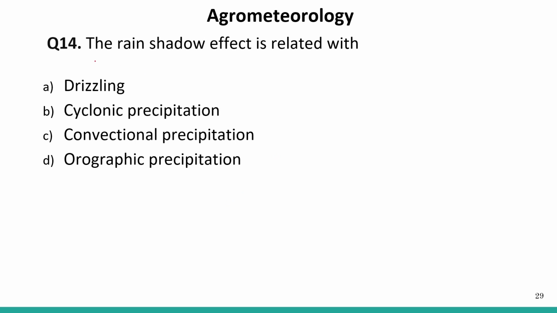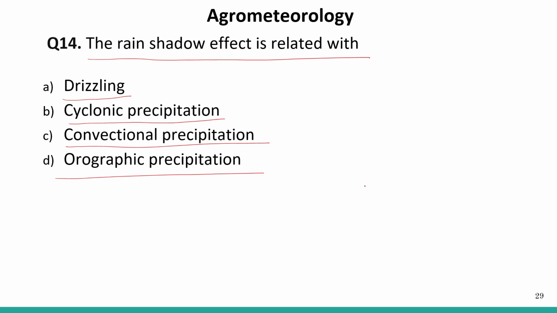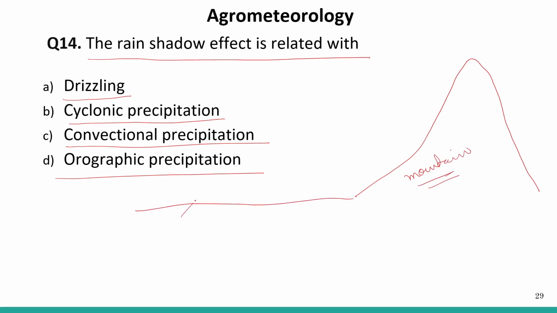Next question. The rain shadow effect is related with drizzling, cyclonic precipitation, convectional precipitation, or orographic precipitation. So we have a mountain, and here we have water. So what happened? This water gets warmer and evaporates.